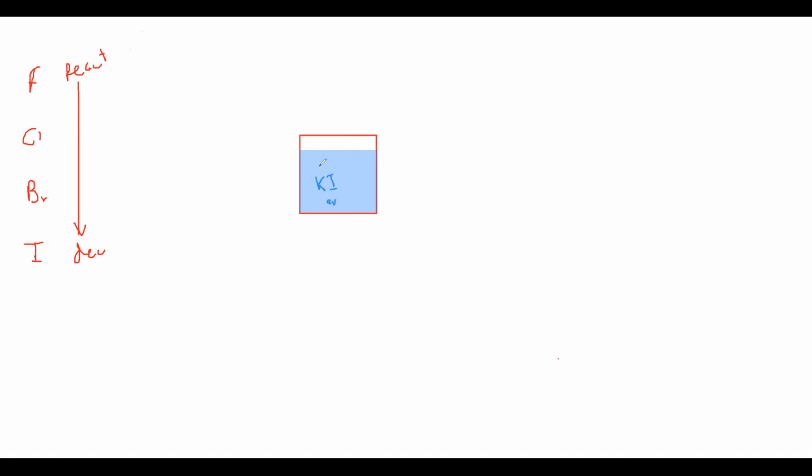What's the meaning of aqueous potassium iodide? It means it contains potassium ion and iodide ion. Group 1, 2, and 3, if the substance is a solid, then it will be white. And if they are dissolved, then it will be colorless. So what is the appearance of potassium iodide in the beginning? Potassium iodide is colorless.